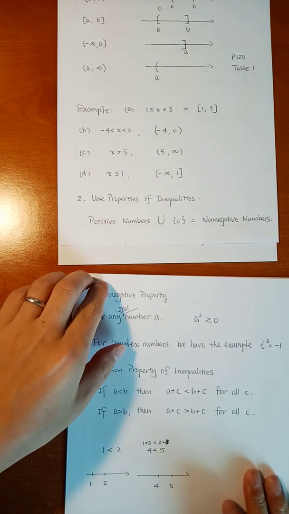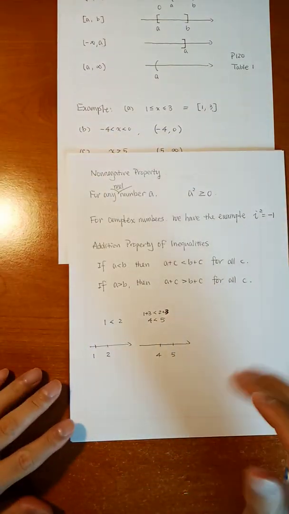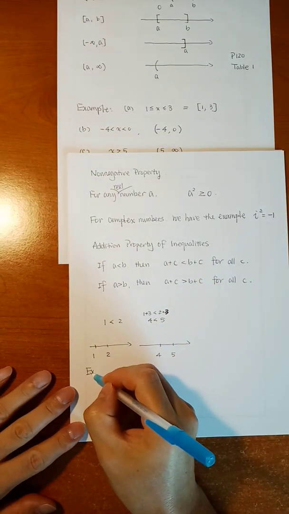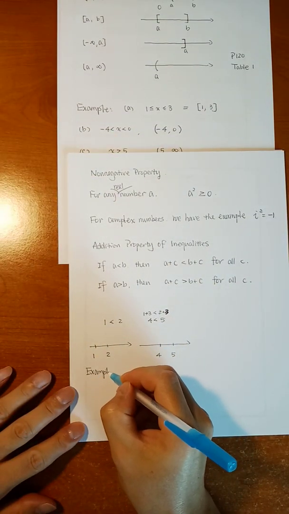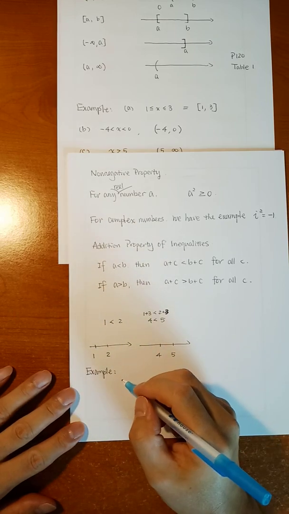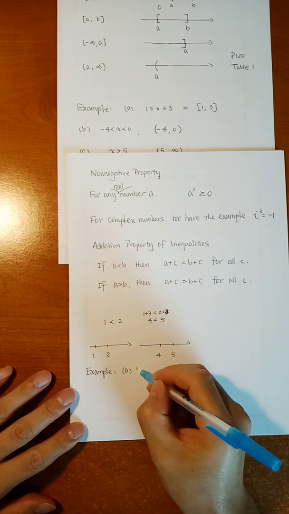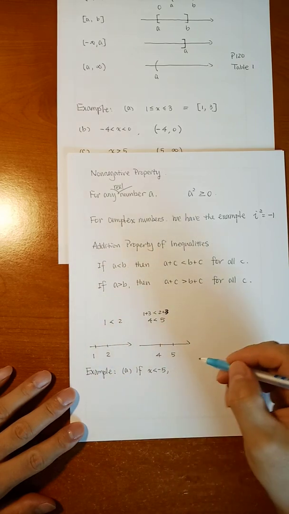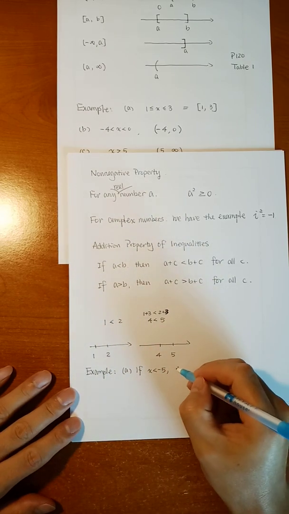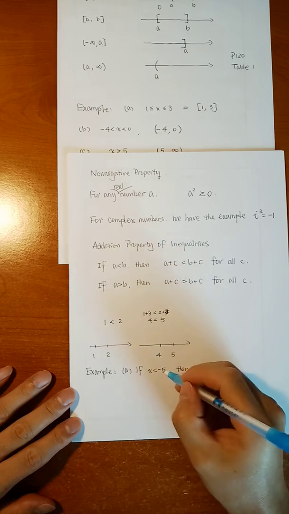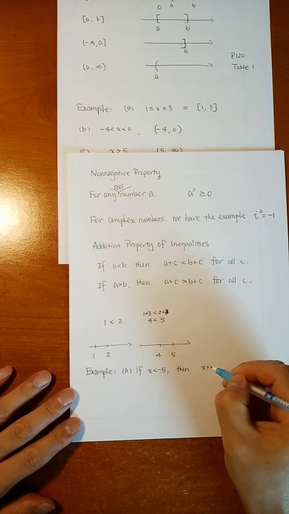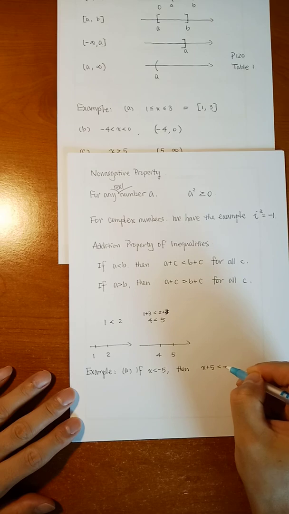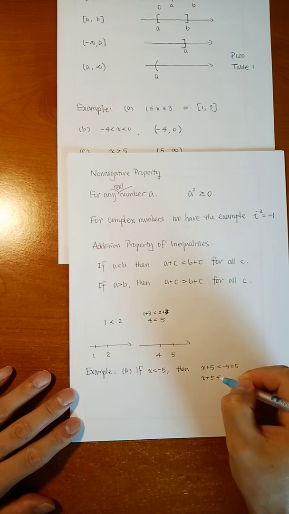Okay, now let's see some examples. If x is less than -5, then we add 5 to both sides. We will get x plus 5 less than -5 plus 5. So x plus 5 is less than 0.